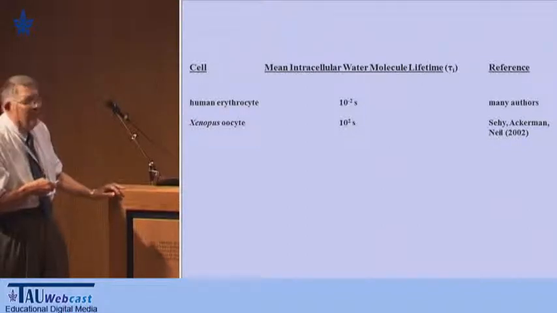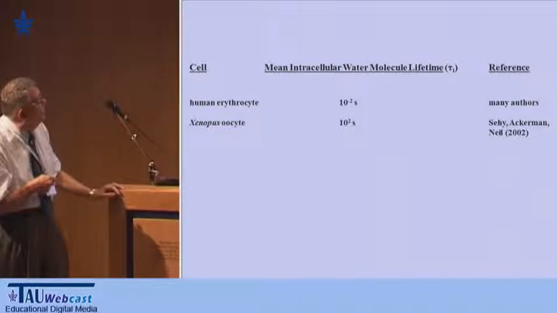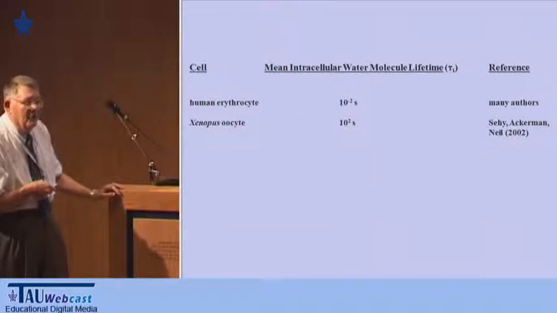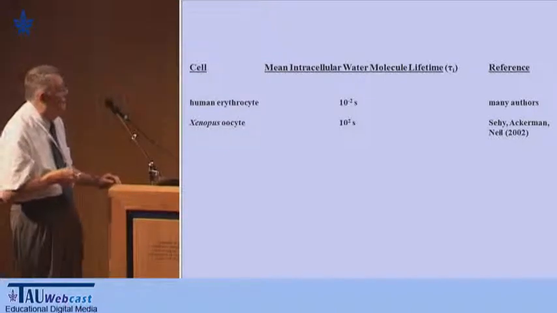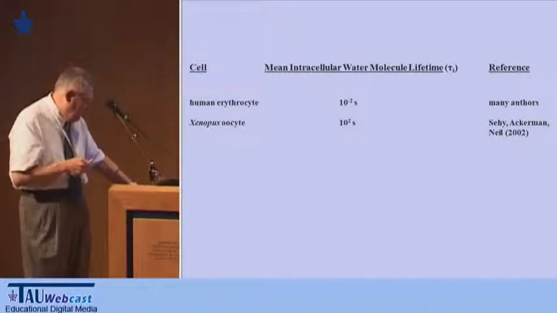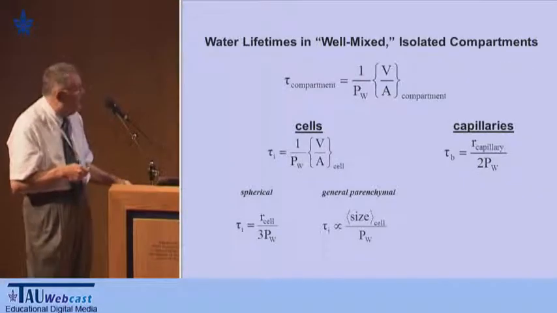On the other hand, as far as I know, the record large value was determined by Joe Ackerman, Jeff Neil and John Sahi for the Xenopus oocyte, and it's 4 orders of magnitude larger, 100 seconds. That's a huge range for this lifetime. And this is the result of many studies by many people.